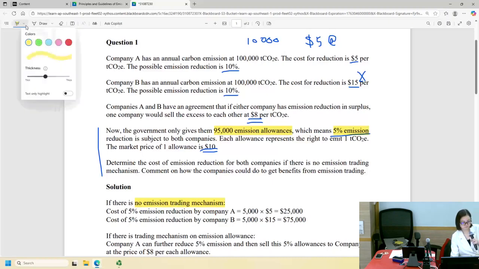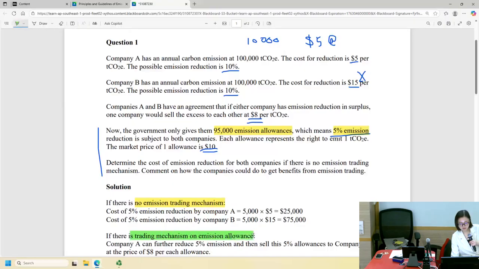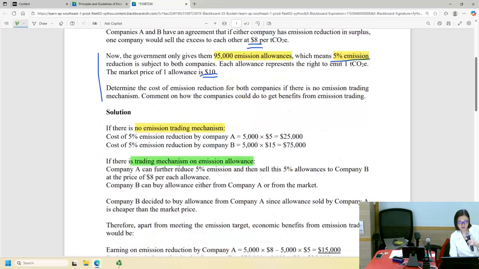Okay. And the second part, now we have the ETS. We have the emission trading scheme, and company A will further reduce their 5% emissions. So apart from reducing 5,000, they will now reduce 5 more percent.